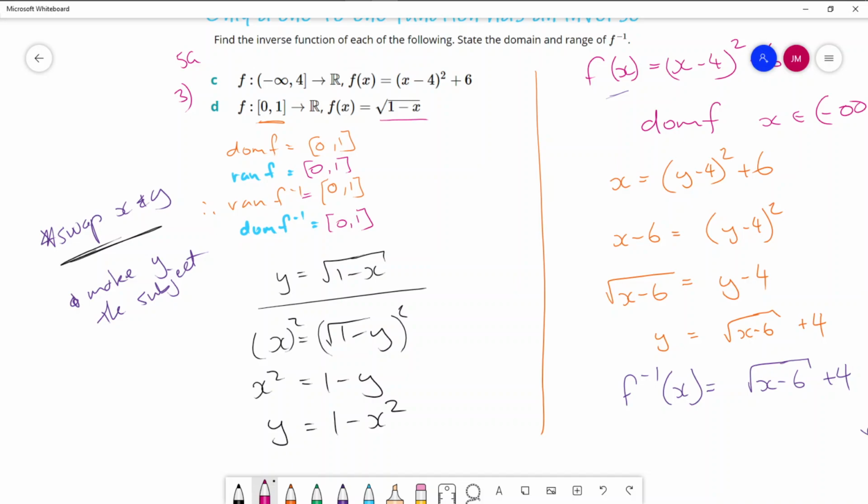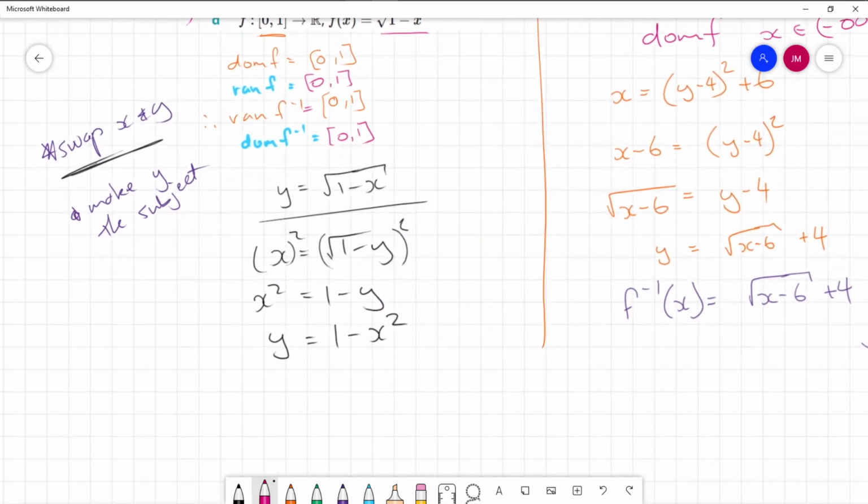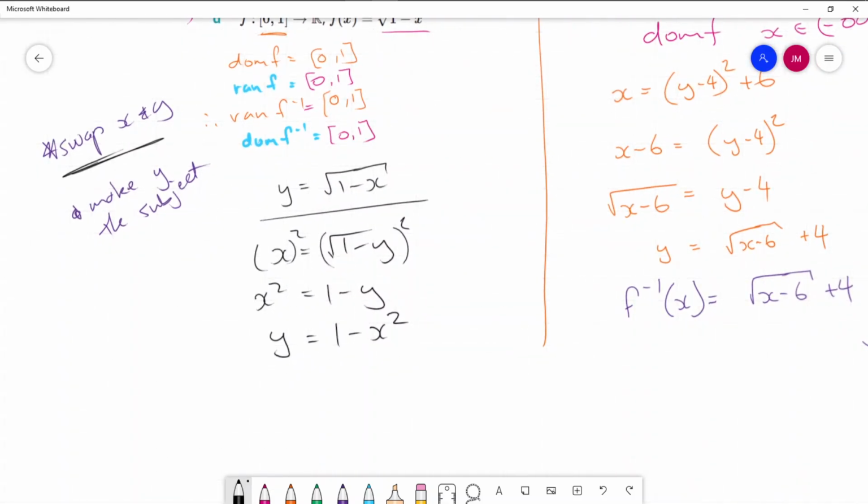Okay, so the domain of the function becomes the range of the inverse, and the range of the function becomes the domain of the inverse. So the final step to write our answer, remember we've got to swap out the y for the function inverse notation.